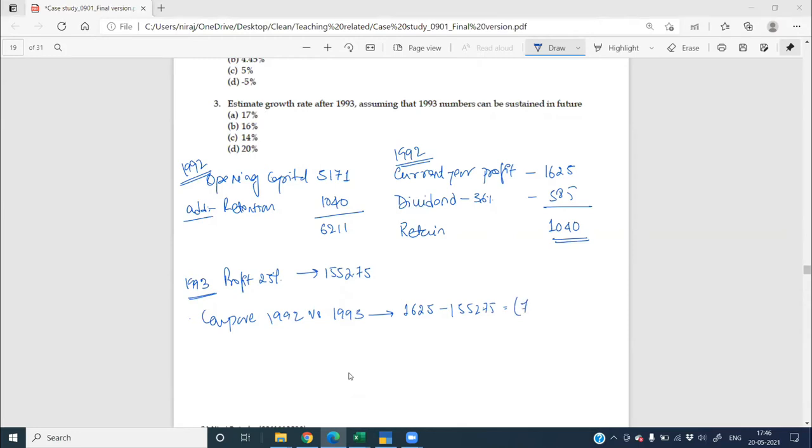So I am earning less by 72.25, and my percentage dip in revenue will be 72.25 divided by 1625. It comes to 4.45% negative.